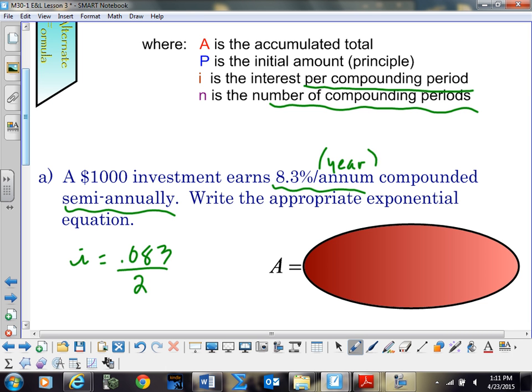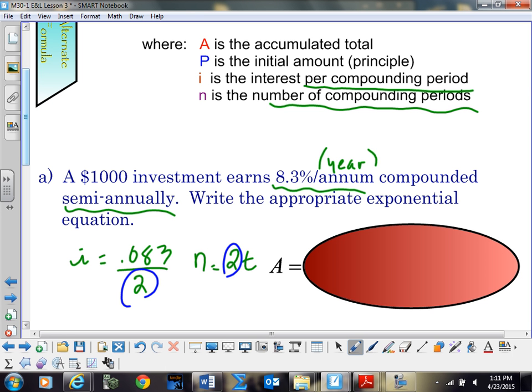Now one other thing is the n value, which is the number of times it's compounded, is twice per year. So twice per year, with t being the number of years, would be the exponent. Notice that this dividing by 2 and multiplying by 2 always ends up being the same.